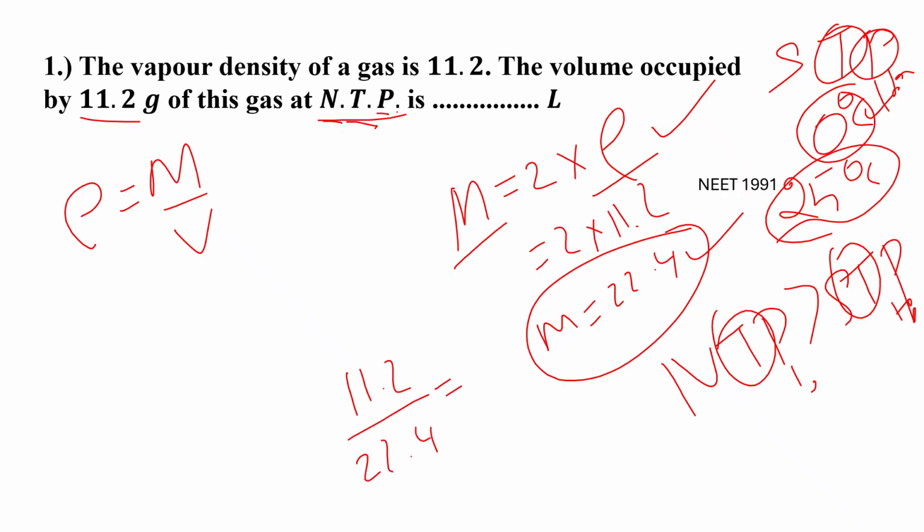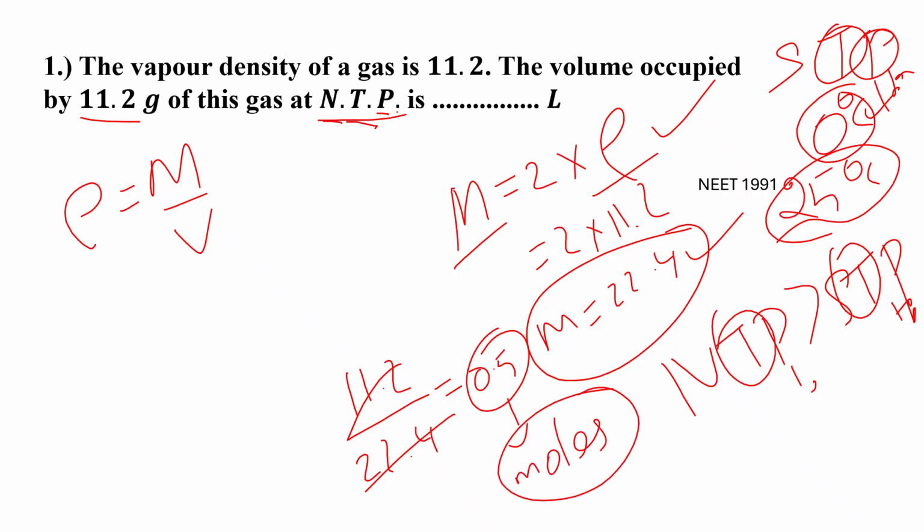If you divide, you will get the number of moles as 0.5. Why am I calculating the moles? Because this is very simple. At standard temperature pressure or normal temperature pressure condition, 1 mole of a gas occupies 22.4 liters.